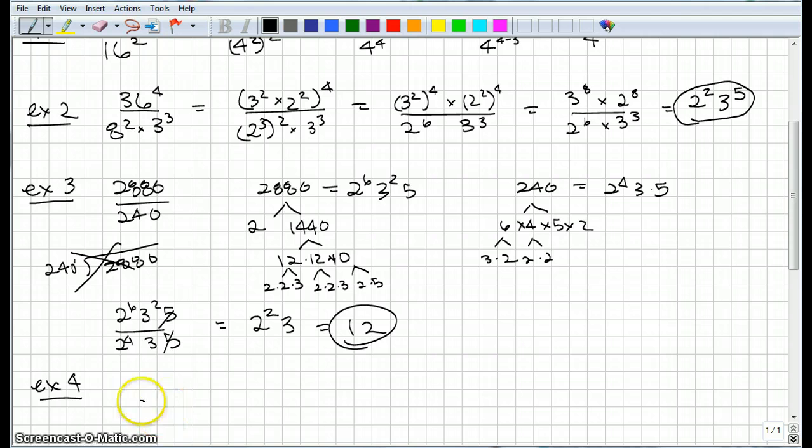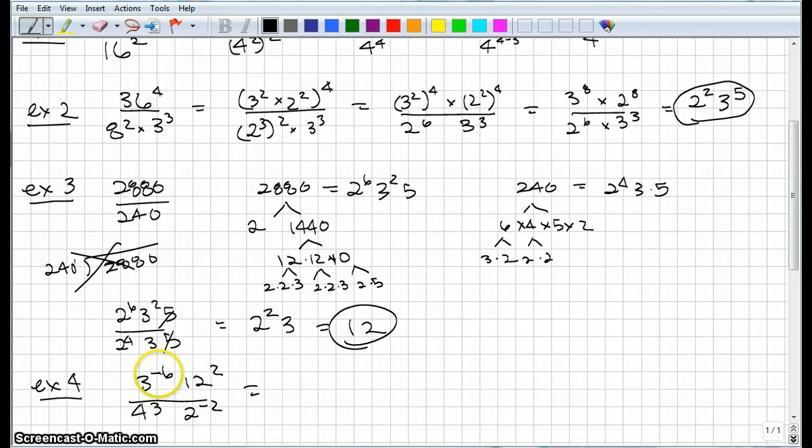The example I was going to show you is 3 to the negative 6th times 12 squared over 4 cubed times 2 to the negative 2. Now when you have negative exponents, the first thing I would do is get rid of them and make them positive. All we have to do is take the reciprocal.